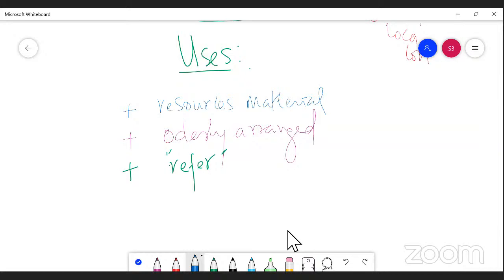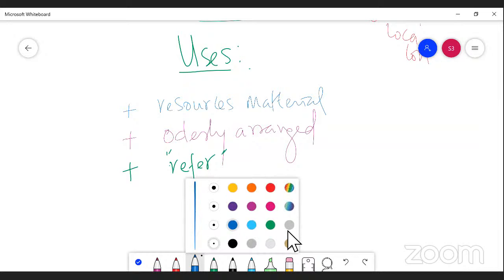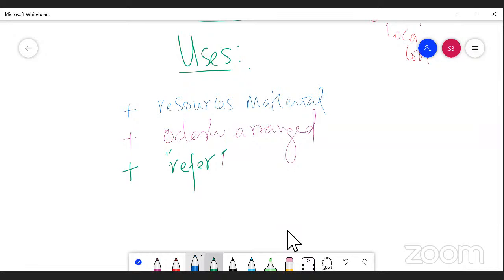And one more thing, this voucher specimen also plays an important role in floristic studies. This is also important for floristic study, and ecological studies.